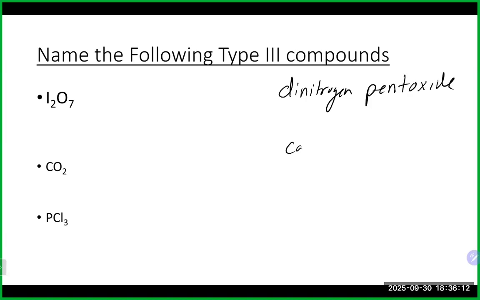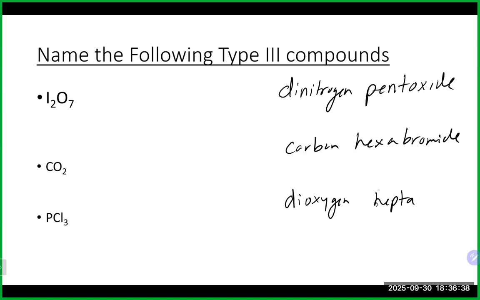Let's do carbon hexabromide. Let's do one that probably doesn't exist, dioxygen heptasulfide. Why not?